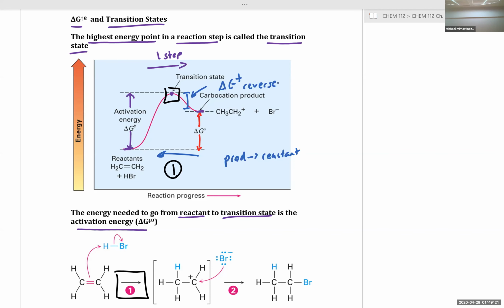Okay? So we're slowly starting to piece together, and we're going to use this idea of activation energy and transition states to help explain the products and the ratio of products generated from our reaction.